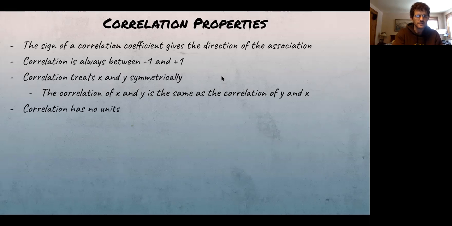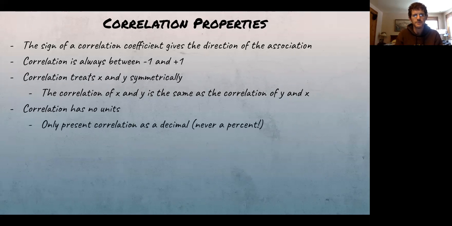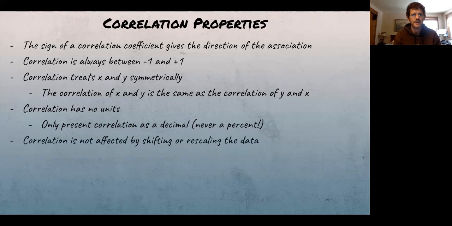Correlation has no units and is only ever presented as a decimal, never a percent. So if you have a 0.68, never say it's a 68% correlation. It's a 0.68 correlation. Correlation is also not affected by shifting or rescaling the data.